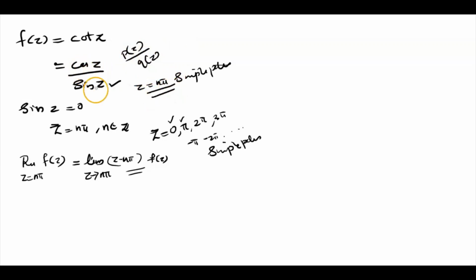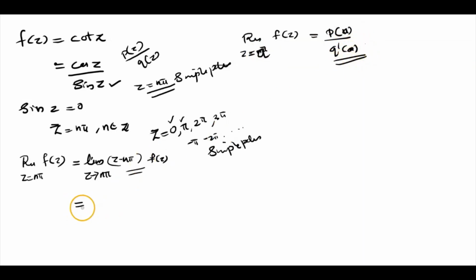Cos z and sin z are separately analytic functions. So we can use the formula: if it is in the form p(z) by q(z) and z = nπ are simple poles, then if z = a is the singularity, p(a) divided by q'(a) is the residue.